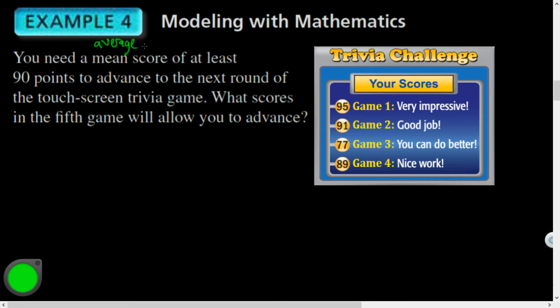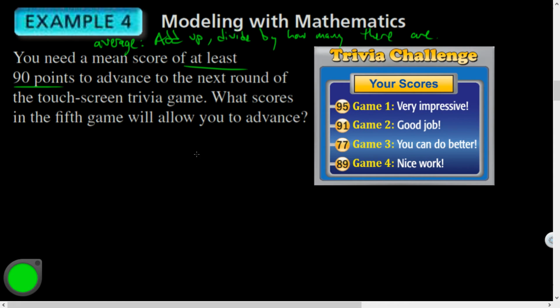The mean is the average, specifically add up and then divide by how many there are. All right, so that's the idea of an average. And it says you need a mean score of at least 90 points.